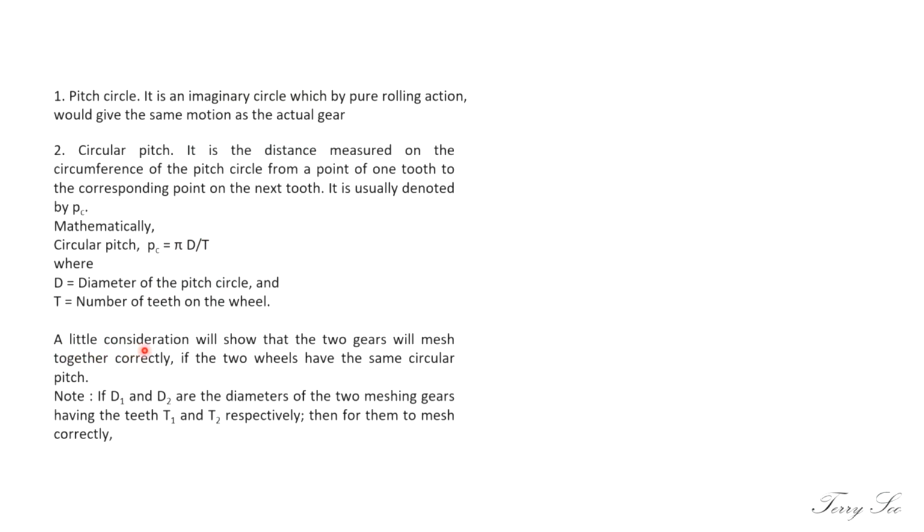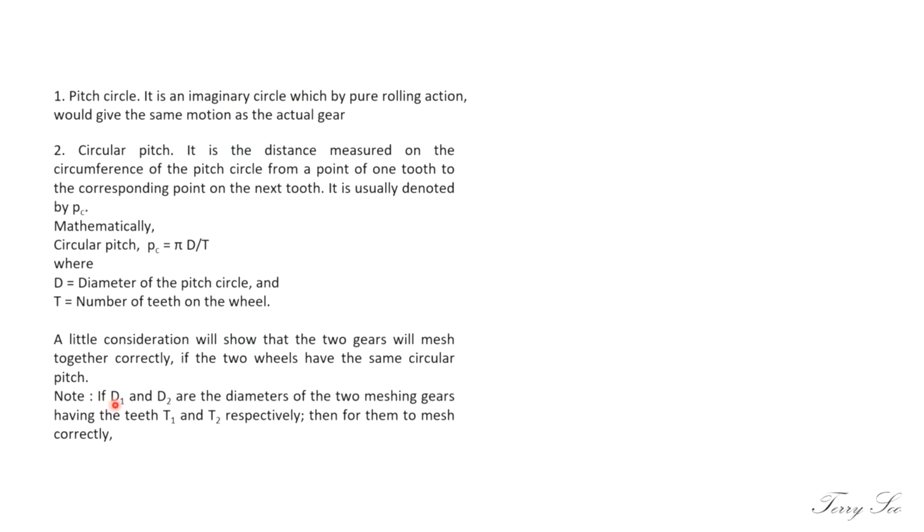Now a little consideration will show that any two gears will mesh together correctly if the two gears or wheels have the same circular pitch. Only when they have the same circular pitch can they mesh, that means come into contact correctly.